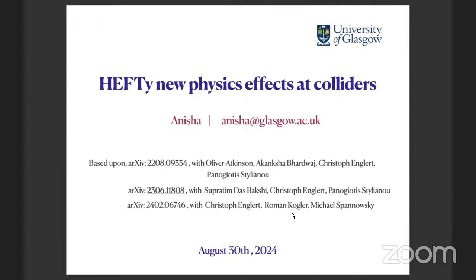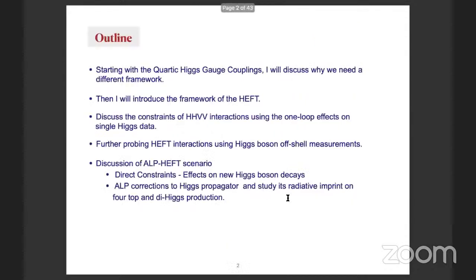So before starting, I will outline the plan of my talk. I will start with quartic Higgs gauge couplings, and I will discuss why we need a different framework beyond the standard model so that our predictions are consistent. Then I will discuss the framework of HEFT and the constraints on these quartic Higgs gauge couplings using the single Higgs data.